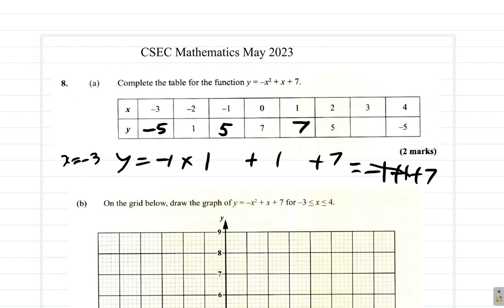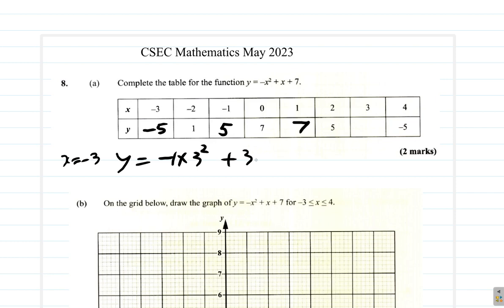Now let's see what happens when you have 3. 3 here is negative 1 times 3 squared plus 3. Or let me rewrite it as x first, x squared. Negative 1 times x squared plus x plus 7. But in this case, x is 3. So it's going to be 3 squared plus 3 plus 7.